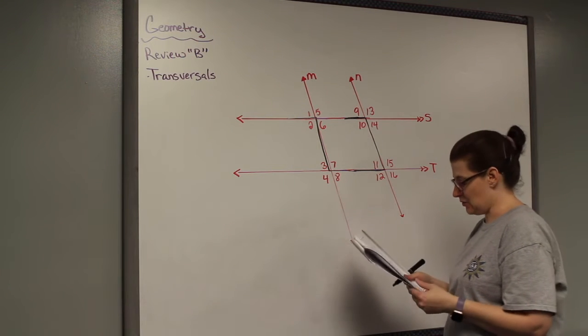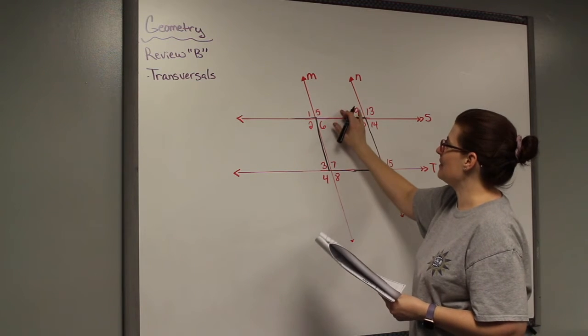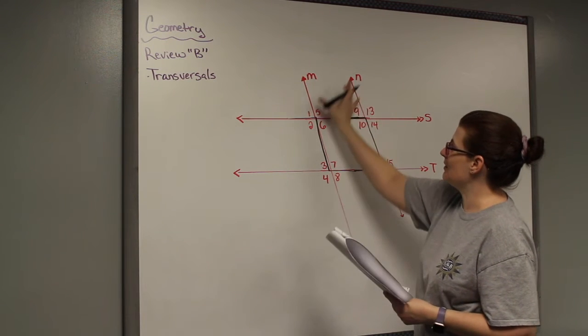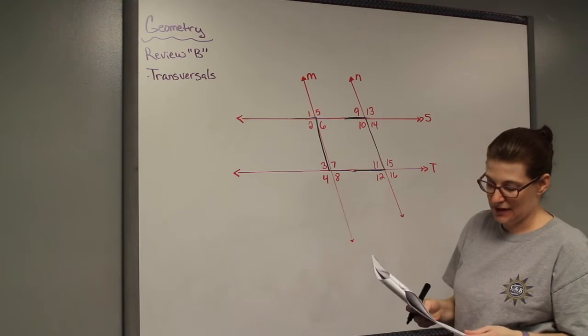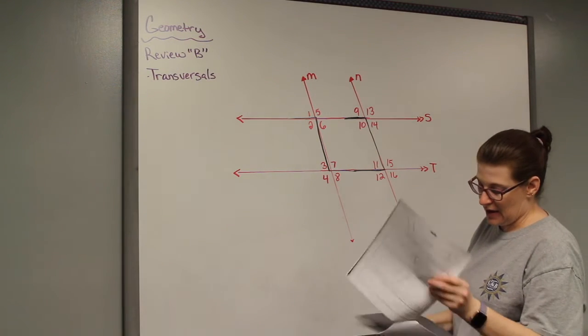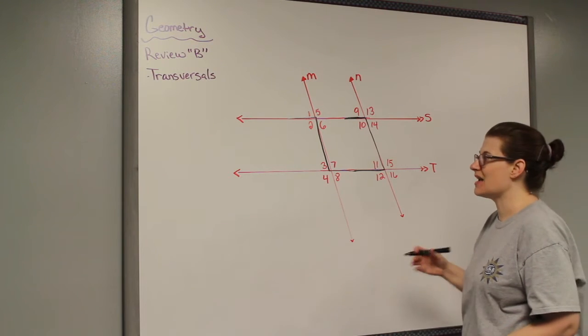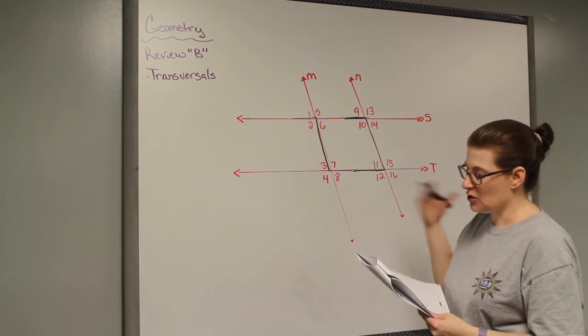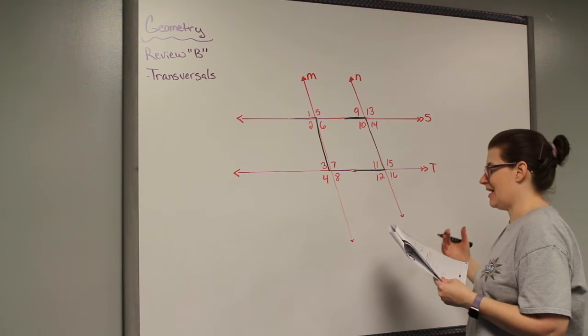Even 5 and 9. They're same side interior on these lines, so those count as same side interior. And then we also have what they call corresponding angles, which mean they're the same angles in a different position due to the shape or form. Corresponding angles usually make an F.